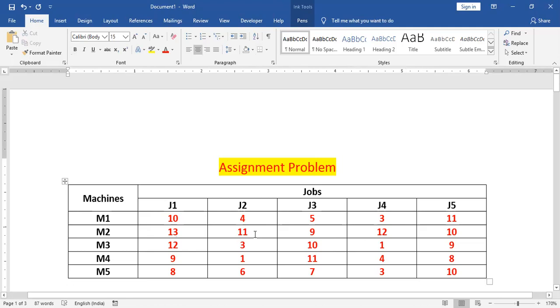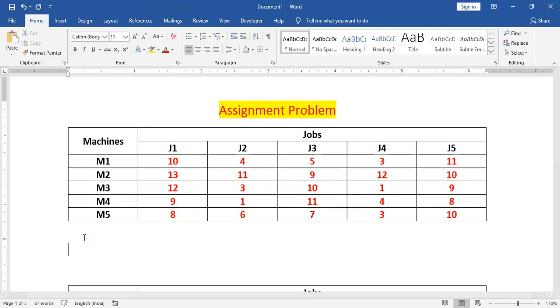The first and foremost important thing is what? The problem should be minimization, right?